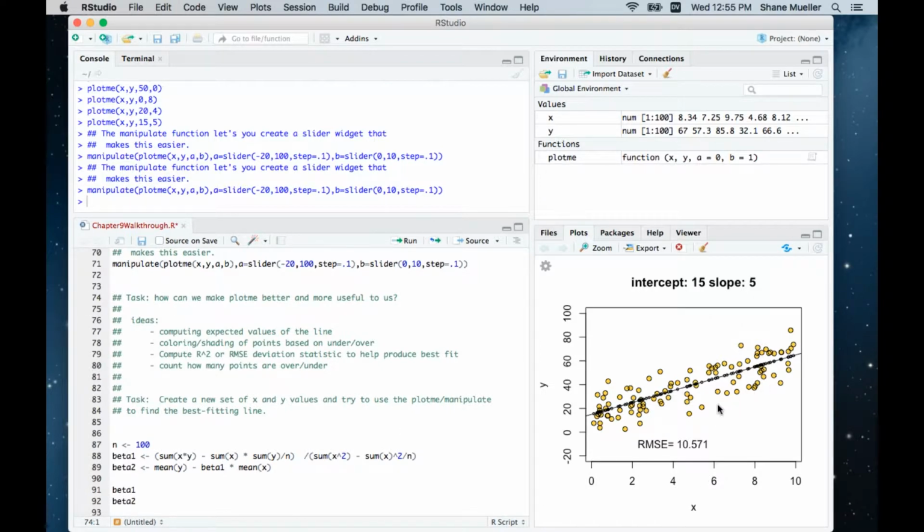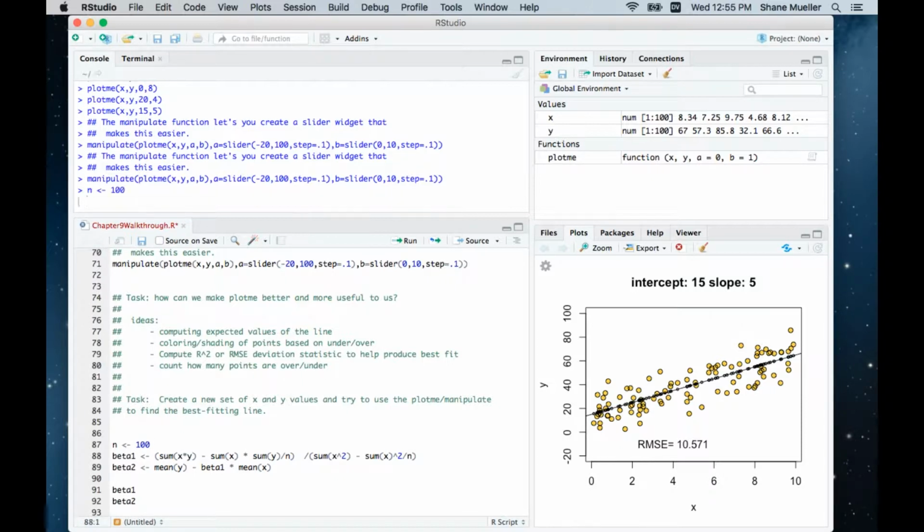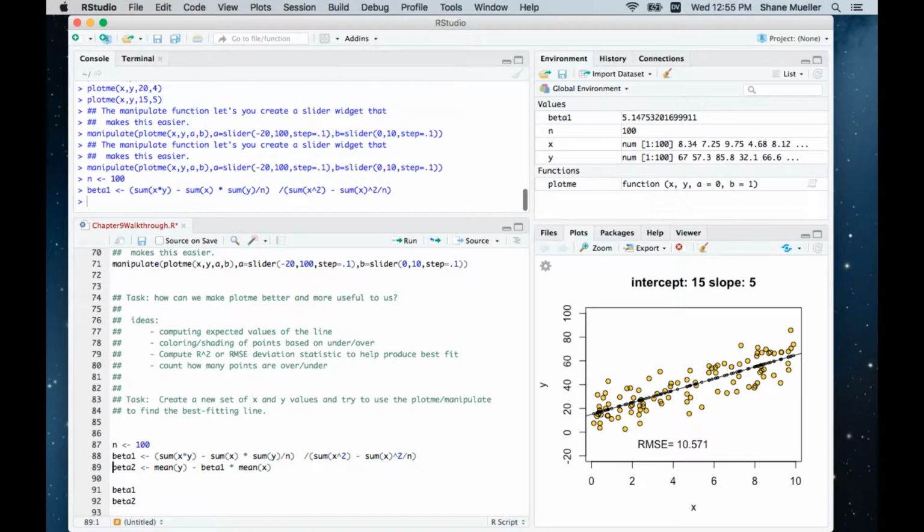So we show we can estimate this by hand, but just like when you're trying to estimate any parameter from a normal distribution, there are statistics you can compute that estimate this directly. And these are how you can compute those for a 2-parameter model. This is the formula. And there were 100 observations in our data, and I can compute beta 1 and beta 2.